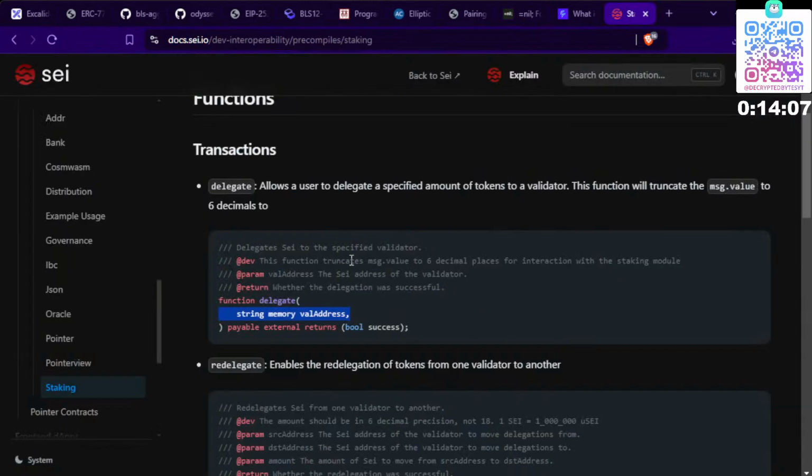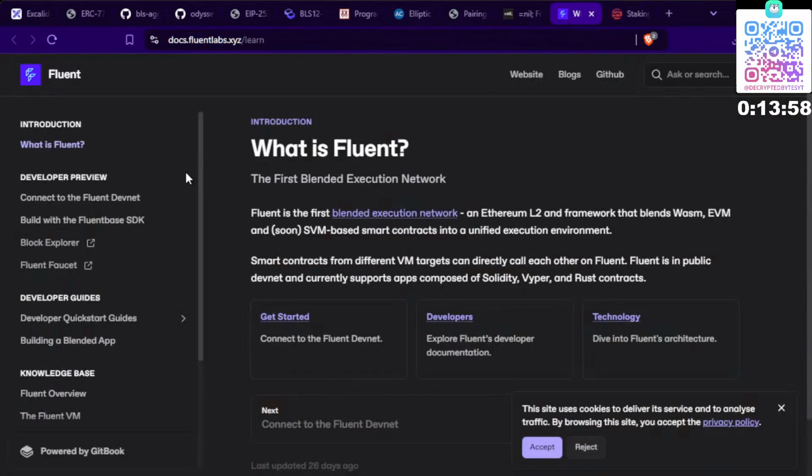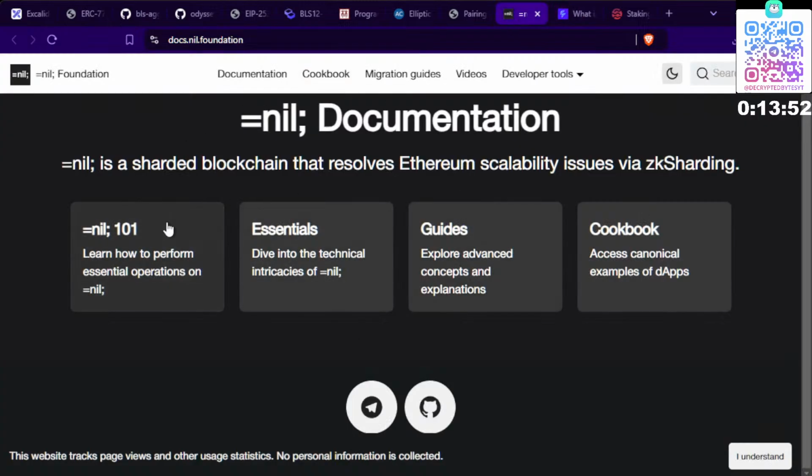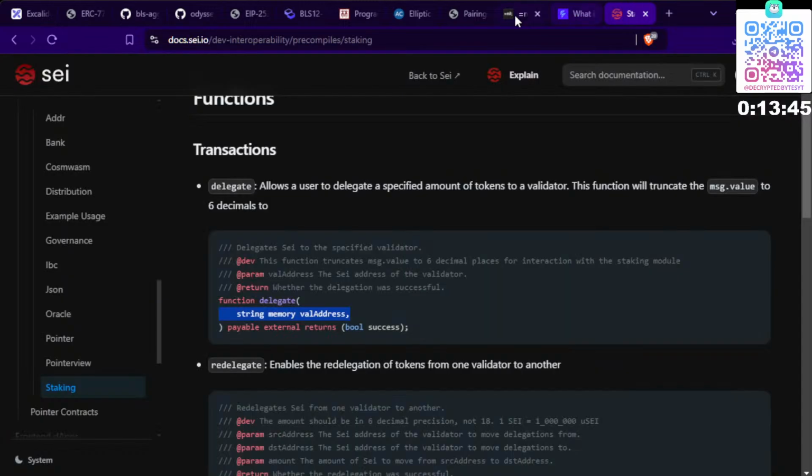Here we can build an actual useful real-world application. Real world in the sense that I know how to build it. Here we can explore Fluent, and Nil Foundation I have already worked with, so I know how to use it.